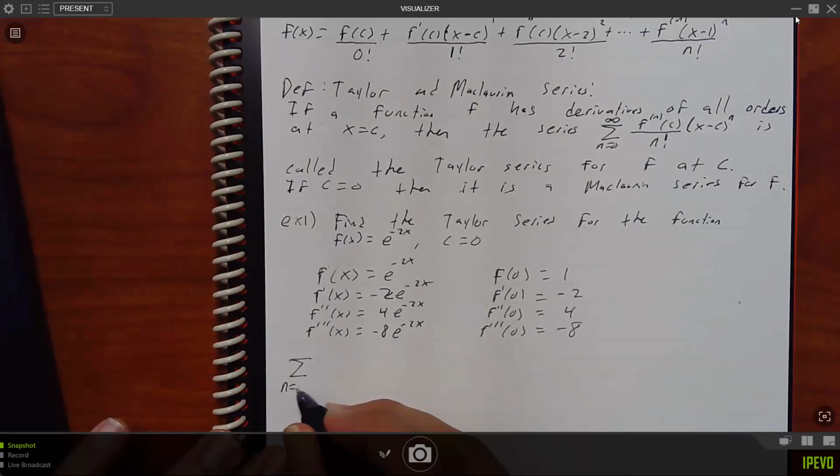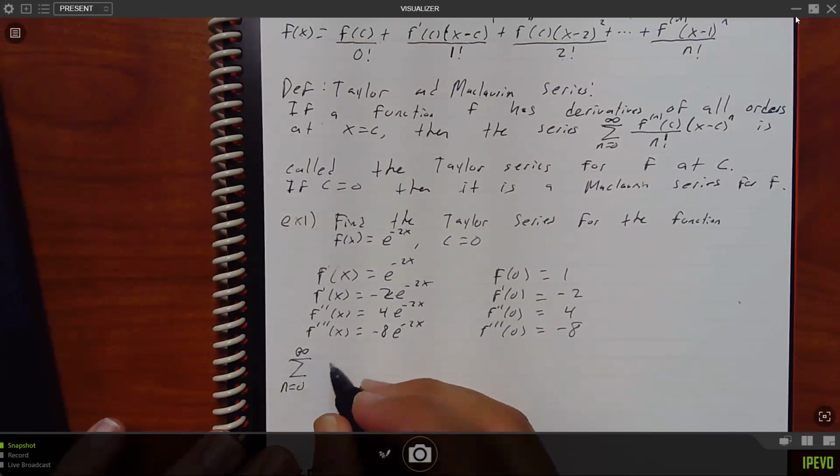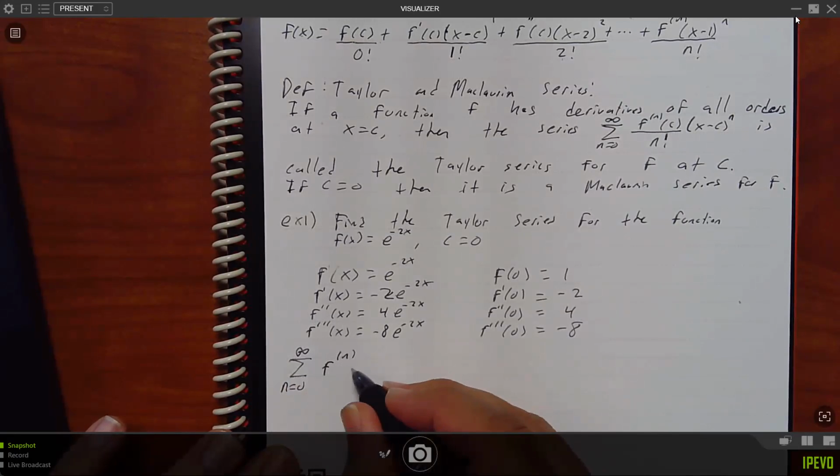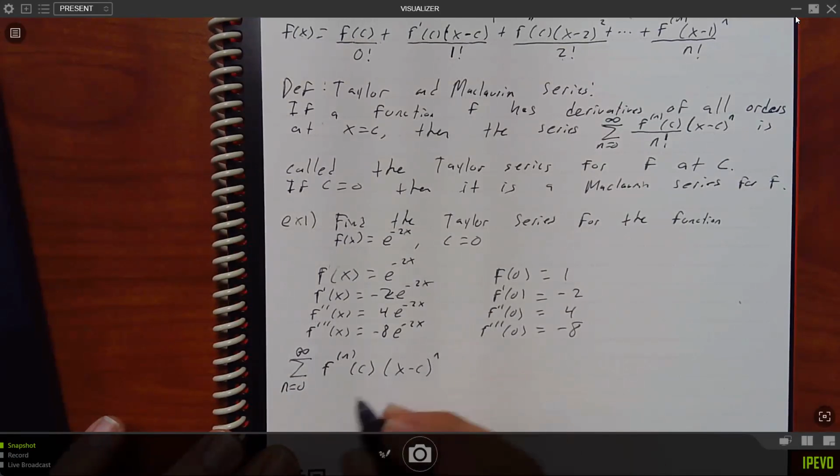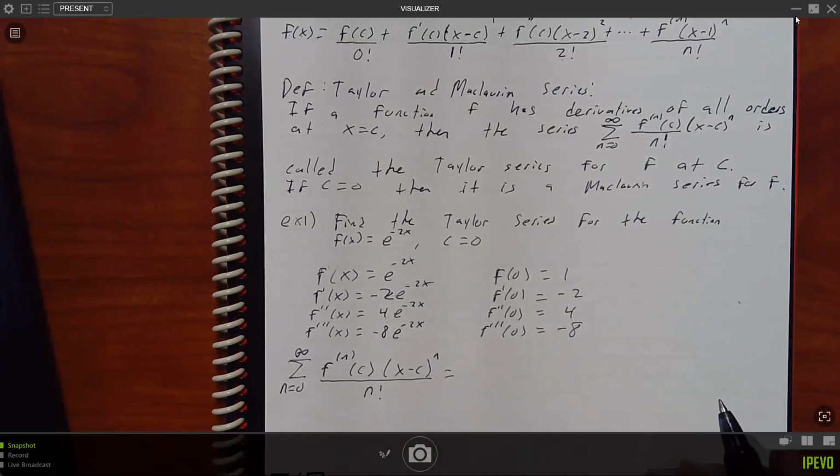So the formula, try expanding it a few terms so you can see the pattern.